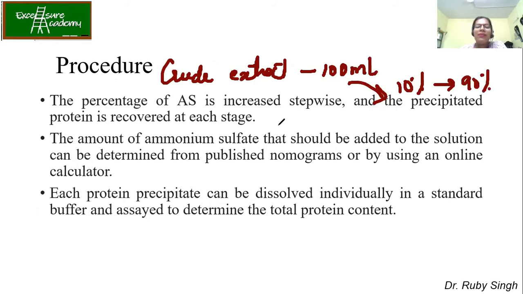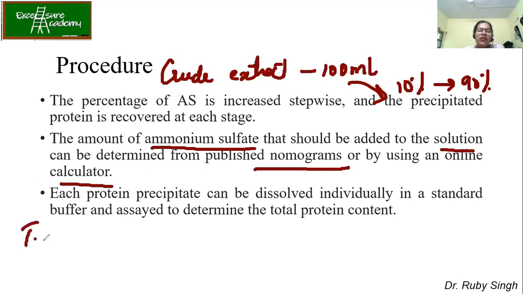The amount of ammonium sulfate that should be added to the solution can be determined from published nomograms or by using an online calculator. Many online software tools are available in which you just enter the temperature, the initial volume of your sample, the initial concentration of ammonium sulfate, which is going to be 0% since we are just starting, and the required percentage, so 10%.